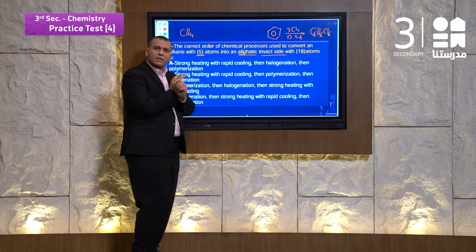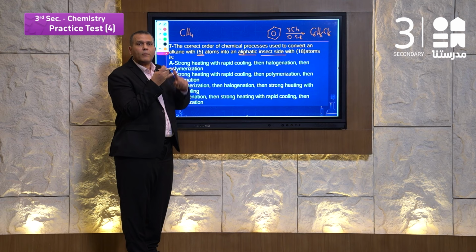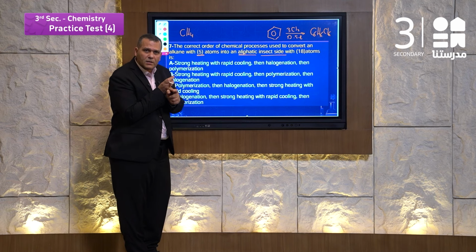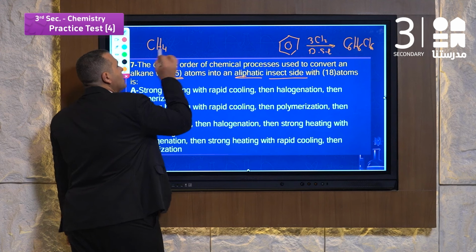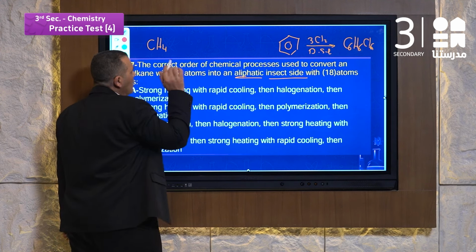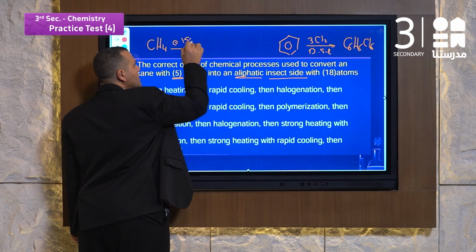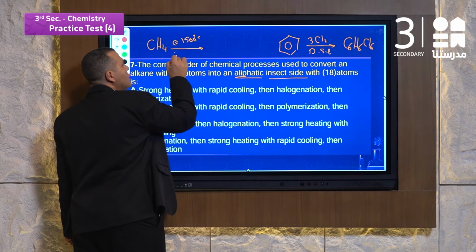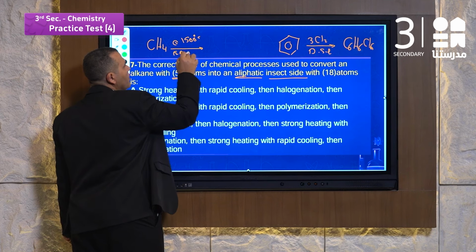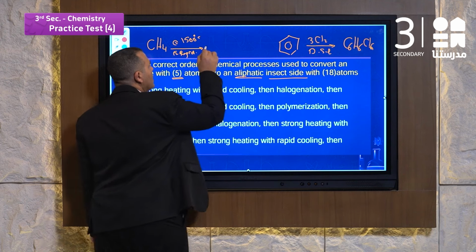I want to start with aliphatic. The two methods of preparation of benzene from aliphatic are normal hexane by catalytic reforming, or ethyne by cyclic polymerization. Can you get from methane ethyne or normal hexane? Ethyne, we all memorized it: fast heating, then fast cooling, rapid cooling to form ethyne.